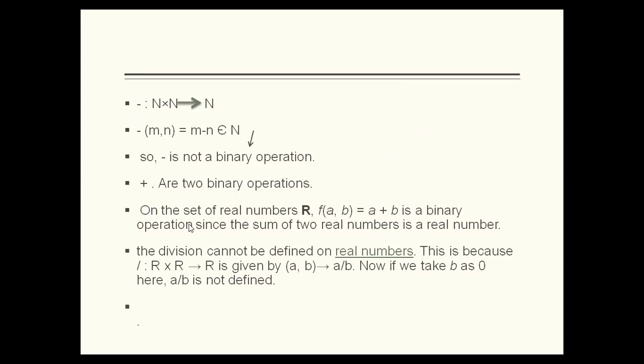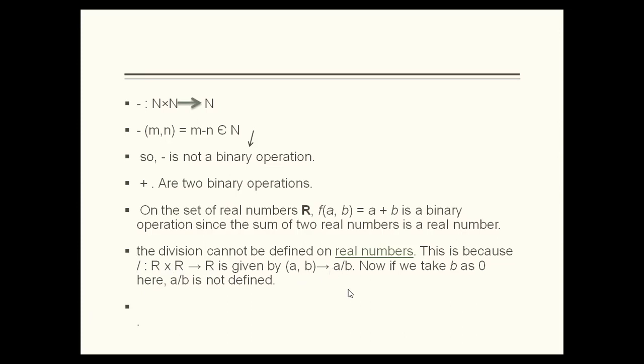This is because of the map from R cross R to R. What is R here? Here R is the real numbers and R cross R is the Cartesian product of real numbers. And what is this map? It is some operation defined on real numbers, given by (a, b) to a by b.